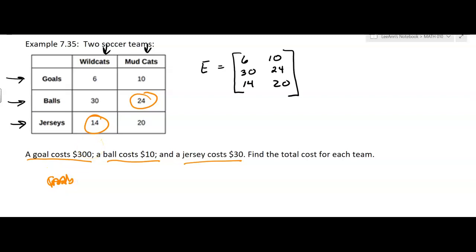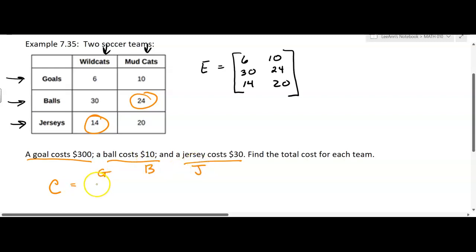I'm going to change this a little as I make my new matrix. Cost is based on how much the goals, the balls, and the jerseys cost. The goals cost $300, the balls cost $10, and the jerseys cost $30. So I have a cost matrix that looks like this: 300, 10, and 30.